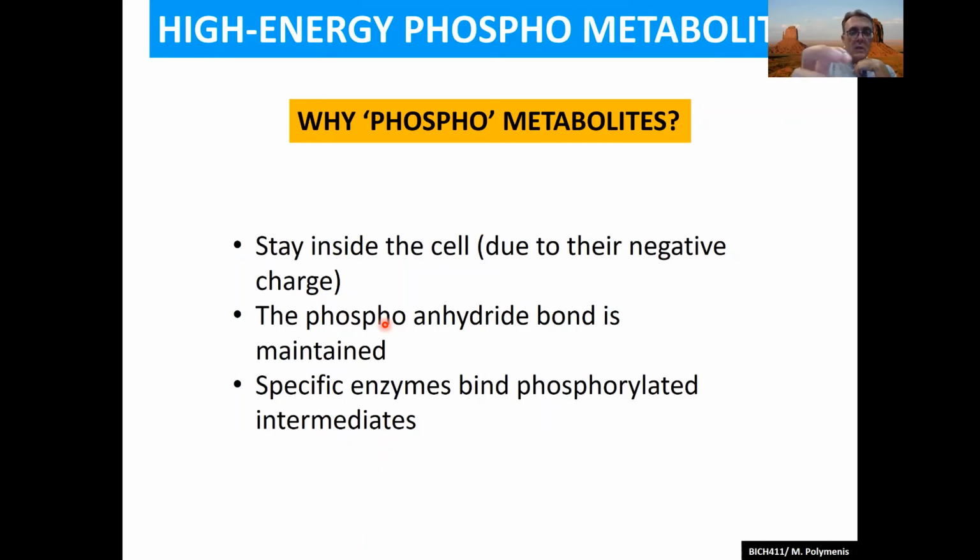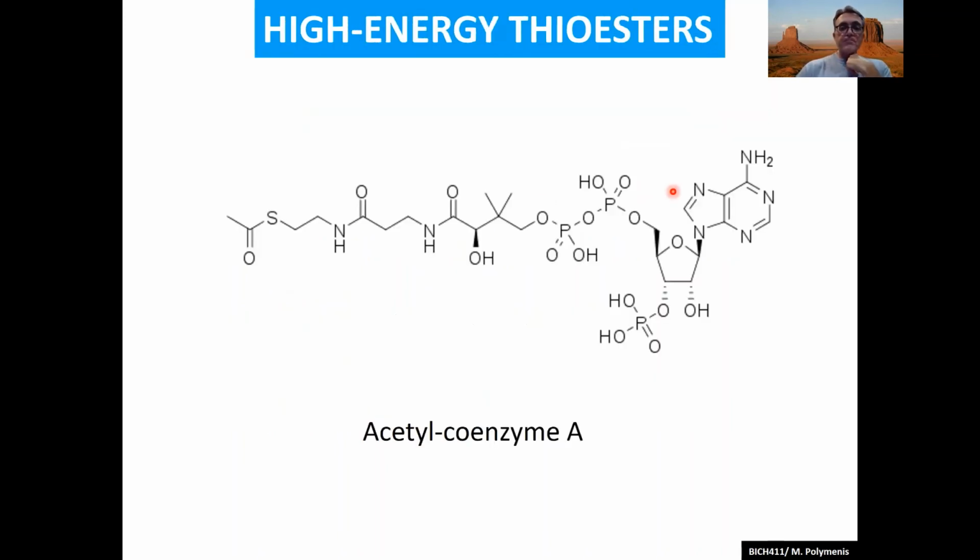So it has many useful properties, and it's fair to say life wouldn't exist, or if it existed, it would be very different compared to what we know about it if it wasn't for phosphorylations. But it is not the only high energy compound of all these phospho compounds.